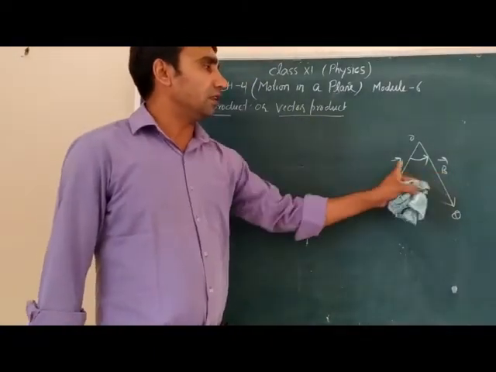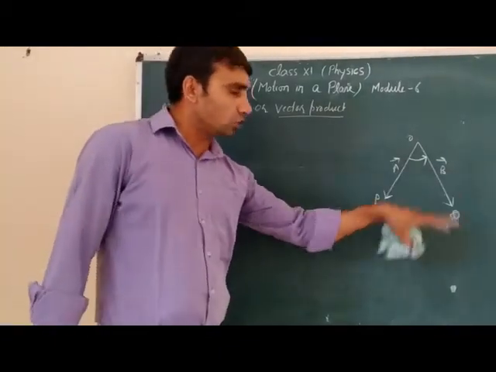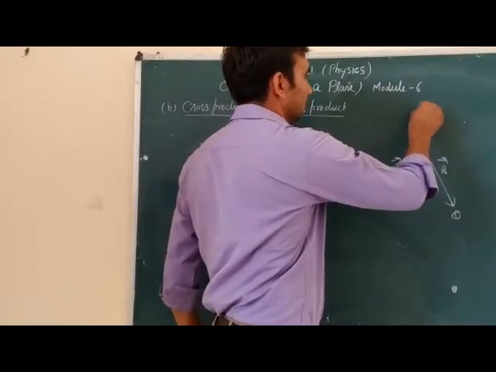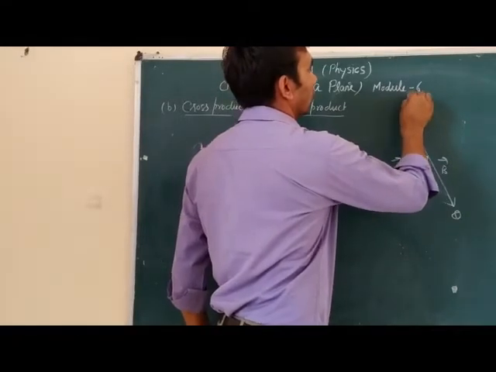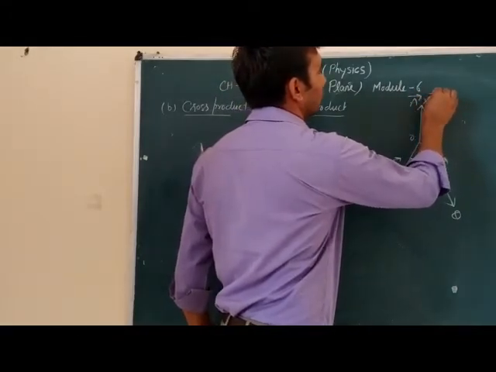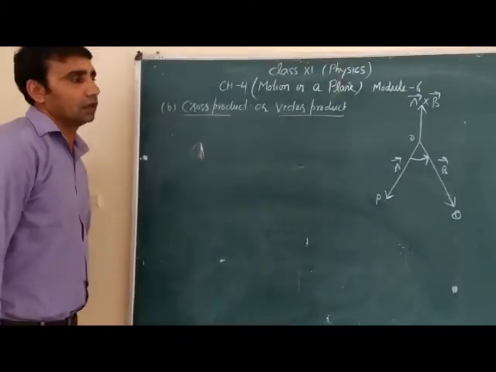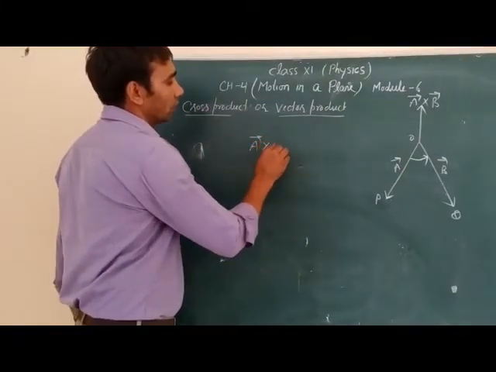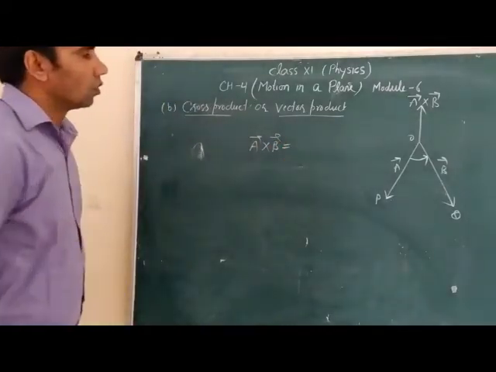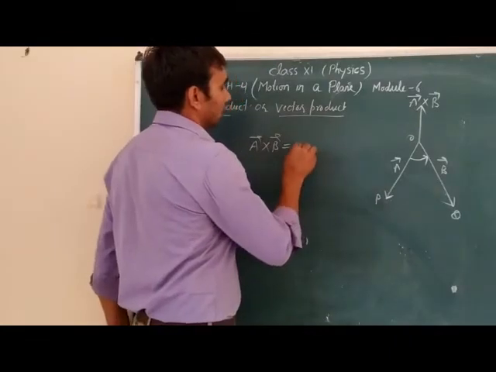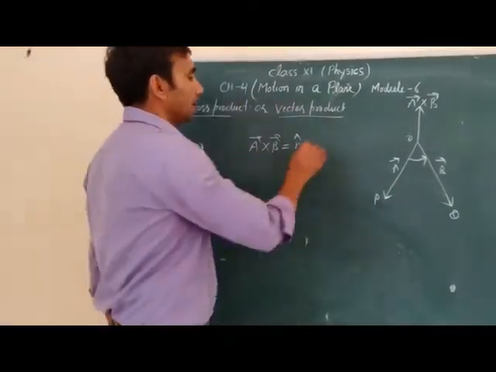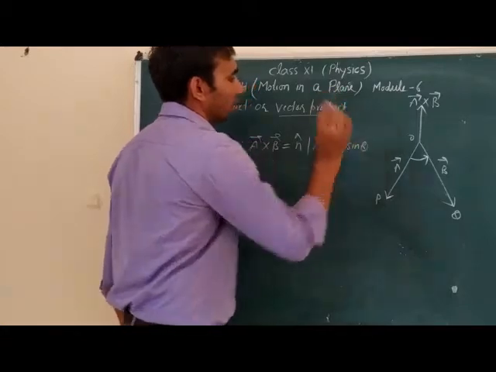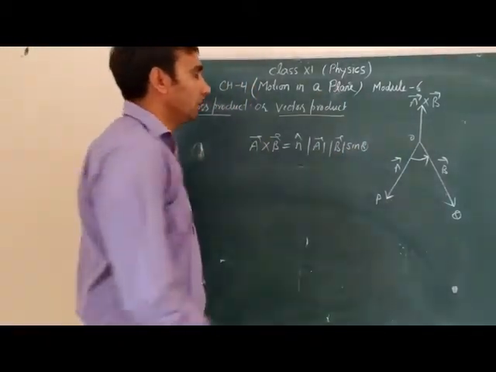Vector A and vector B are in the xy plane, and their cross product we get along the z direction. Therefore, A cross B is equal to n unit vector times magnitude of A, magnitude of B, and sine of the angle between them.